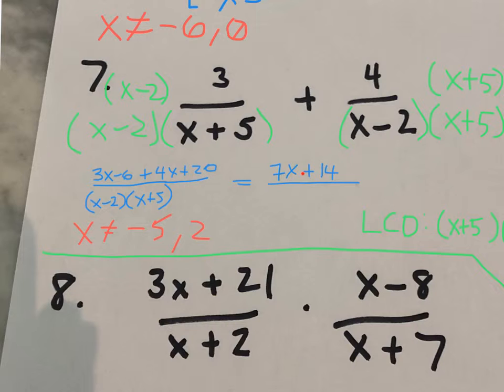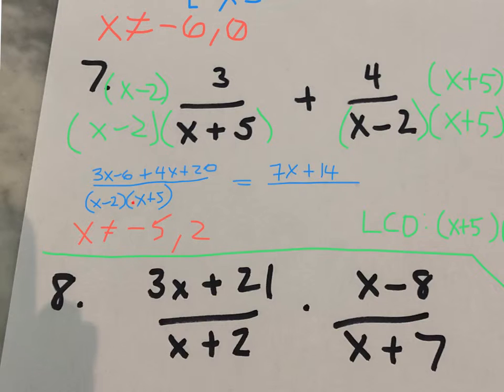So believe it or not, even though this is factorable, and it seems like you could cancel something with the bottom, you're not going to be able to, because x minus 2 times x plus 5 would not cancel with x plus 2 up here. So we're kind of stuck with the denominator as is and the numerator as is.